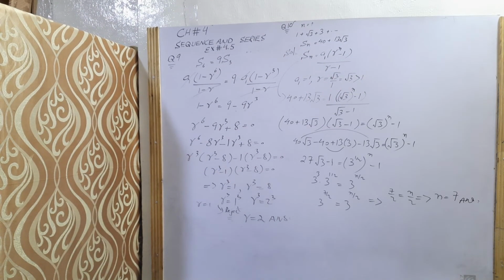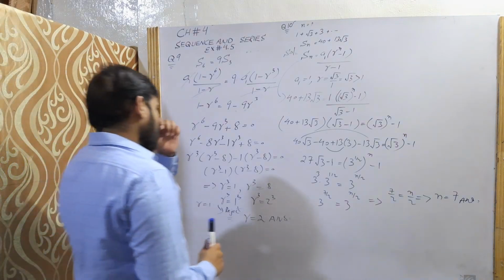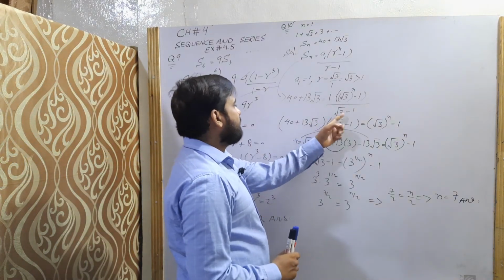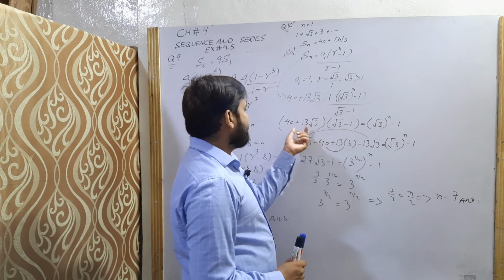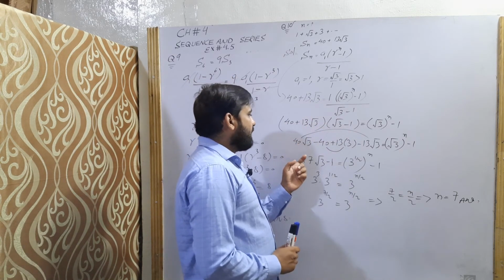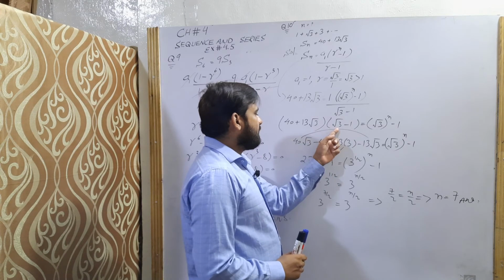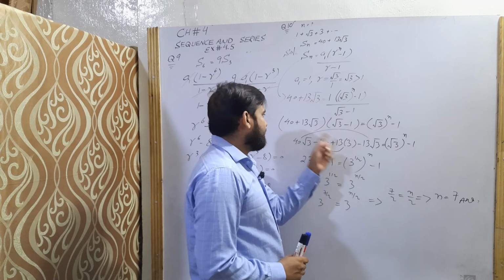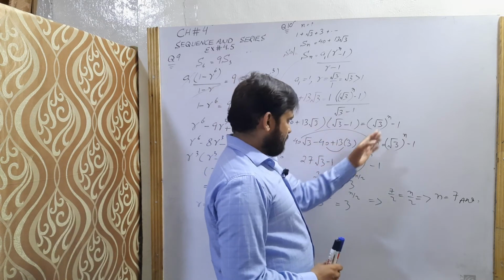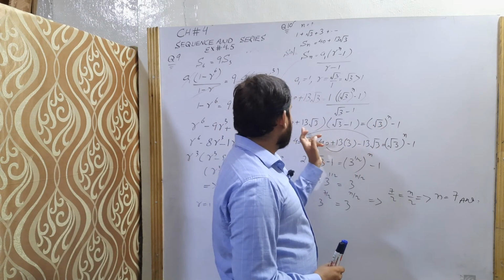So dear students, simply multiply and simplify that, take cross multiplication. Under root 3 minus 1 is multiplied with this value. Be careful, under root 3 into under root 3 is under root 3 whole square, and root cancels with square, so this is simply 3, and there is plus minus minus.